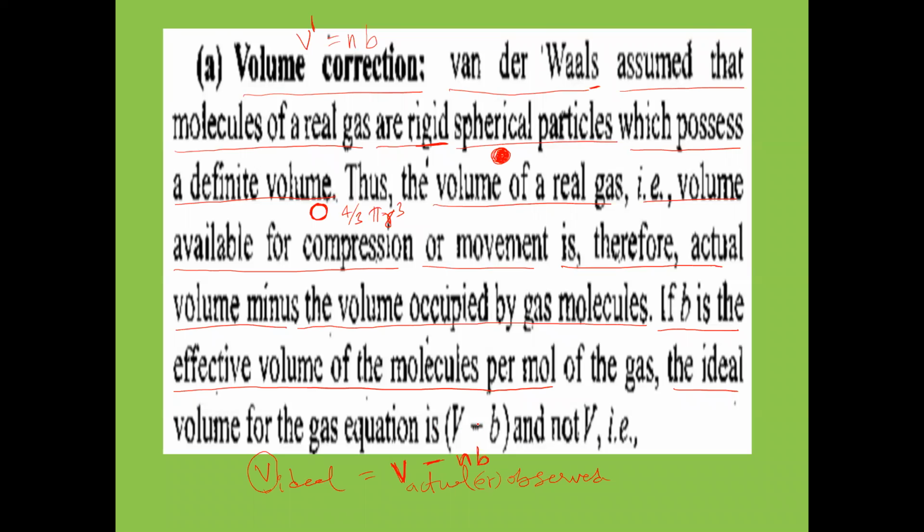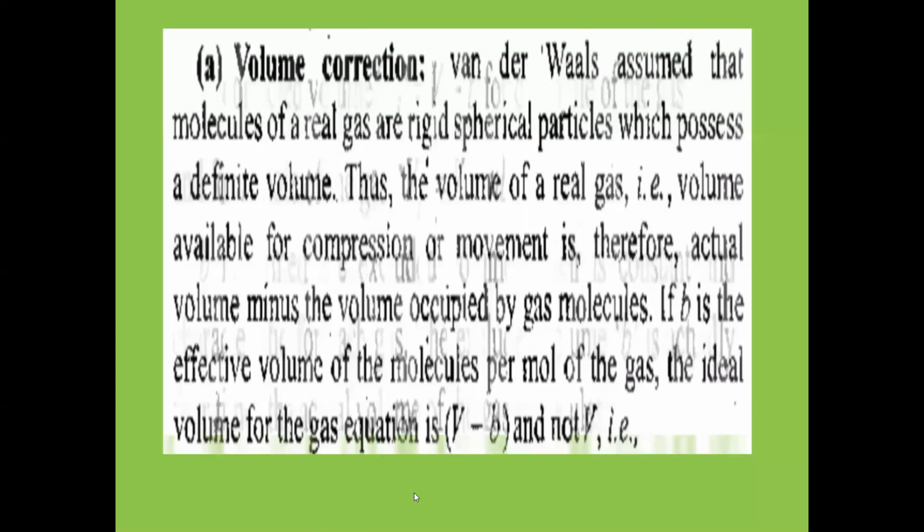If you take n equal to one mole, then nb becomes 1b, and V minus nb becomes V minus b. So instead of V, we take V minus b. V ideal is equal to V minus nb. For 1 mole, it will be V minus b.